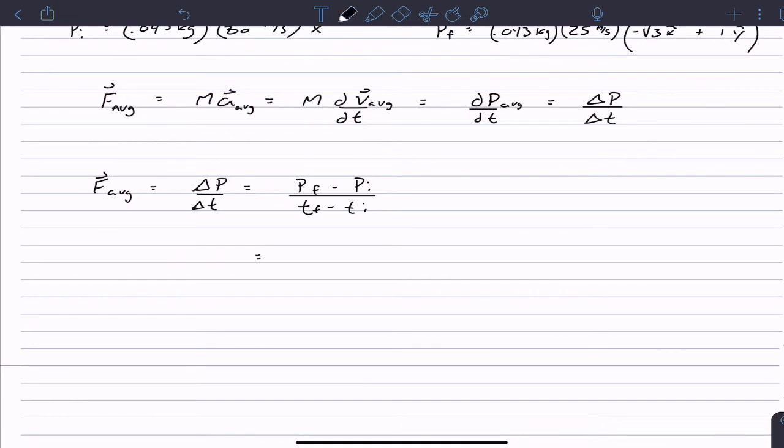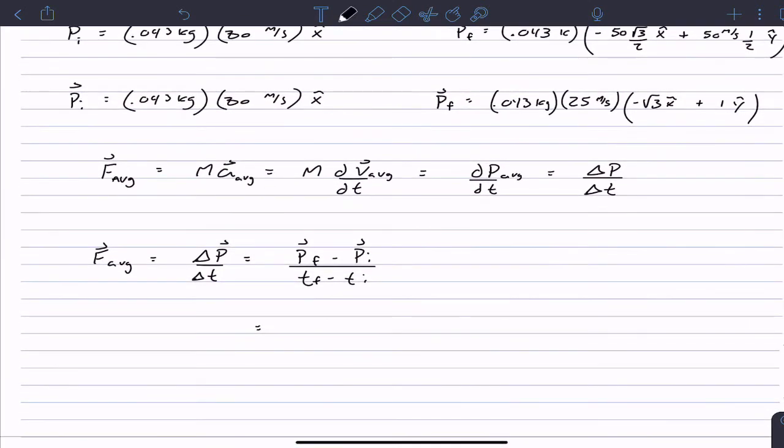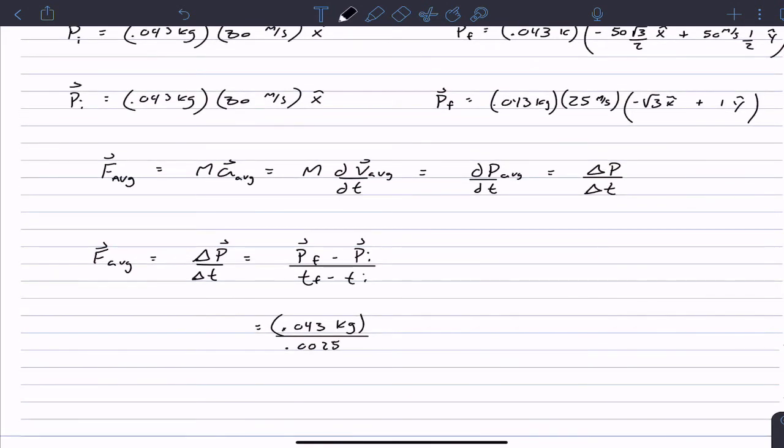We have vectors, right? So we actually need to consider these as vectors. And then what do we got? P final. So in the x-hat direction, we have, let's pull out 0.043 kilograms, because that's common to everything. And then this is going to be 0.0025 seconds. Okay, that's common to everything.